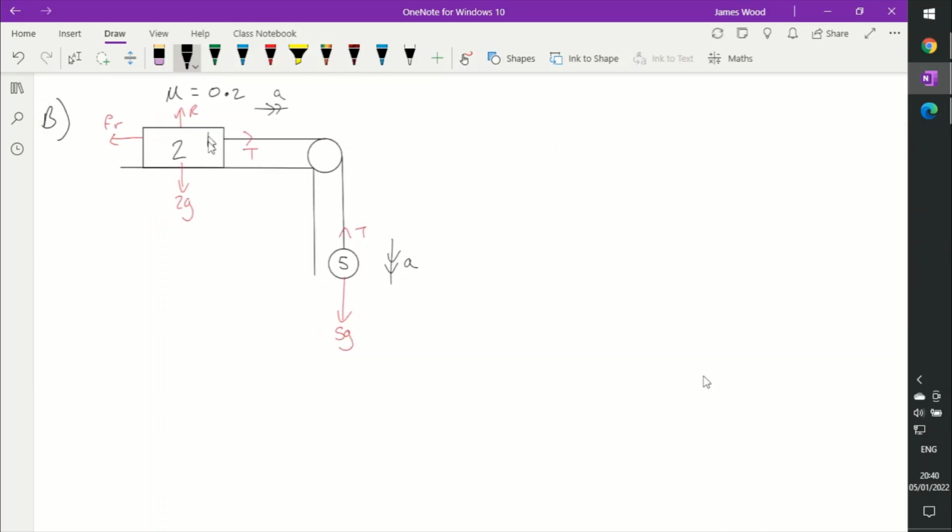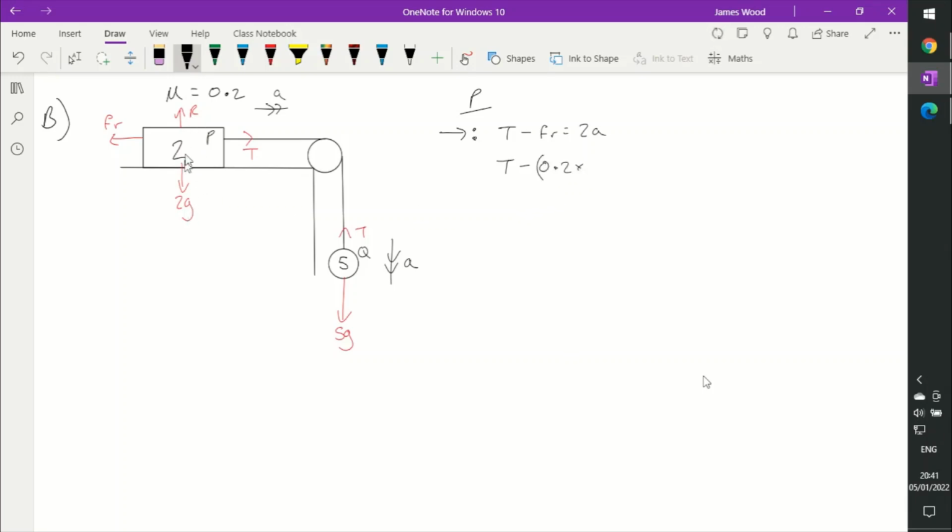So here I'm going to call this one object P, this one object Q. So for P, resolving to the right, we have got T minus the friction equals 2A. Now I've got to work out the friction. Remember, friction is mu R. So it's going to be T minus 0.2 times the reaction force R. Well, that's just going to be 2G.